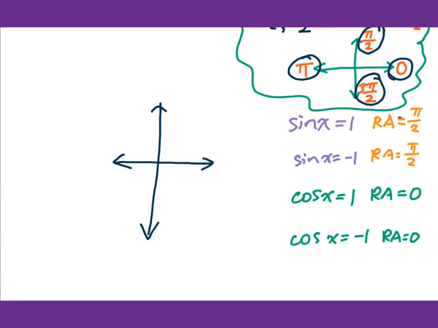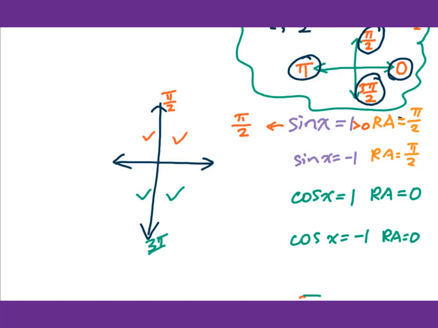For sine x equals 1, that's positive, so we get pi over 2. Because it goes to the first two quadrants, there's only one solution, pi over 2. For sine x equals -1, that means these two quadrants, and the reference angle is pi over 2.